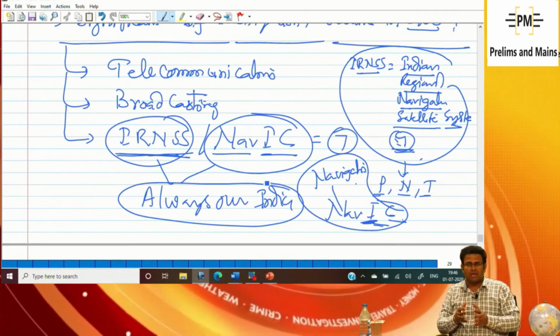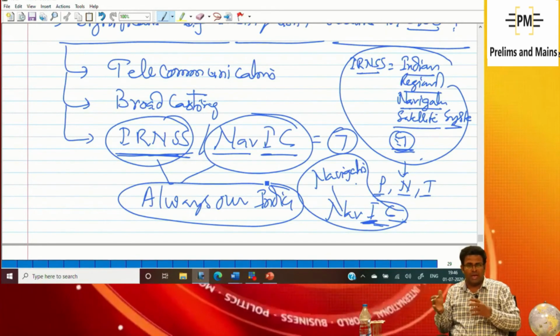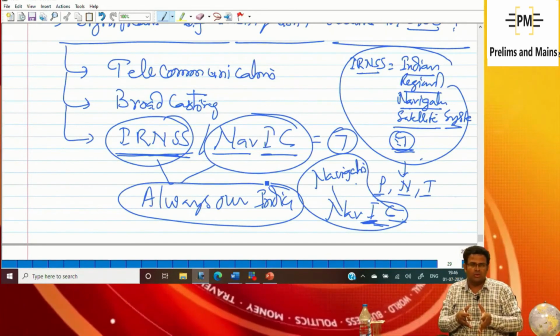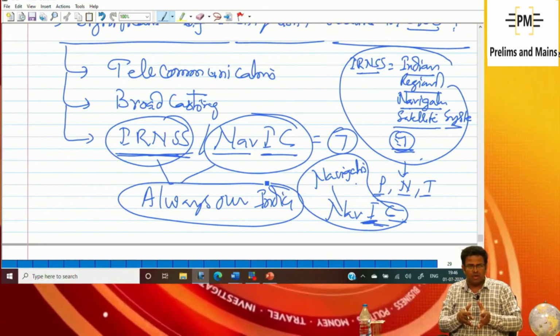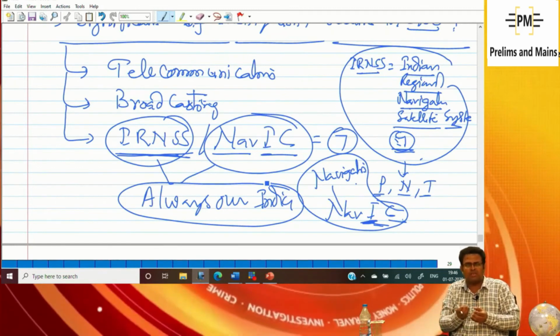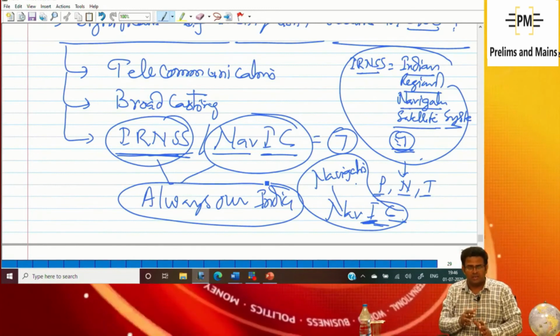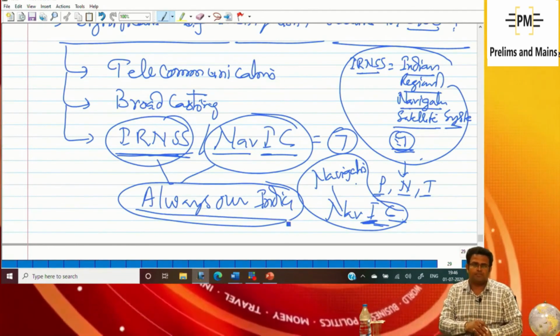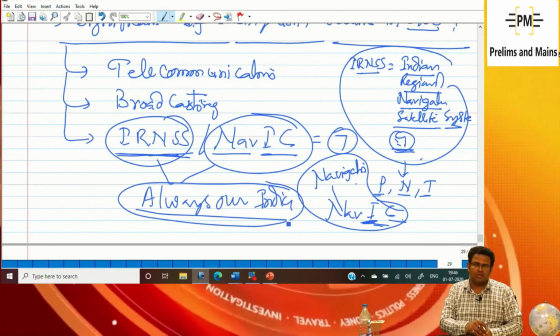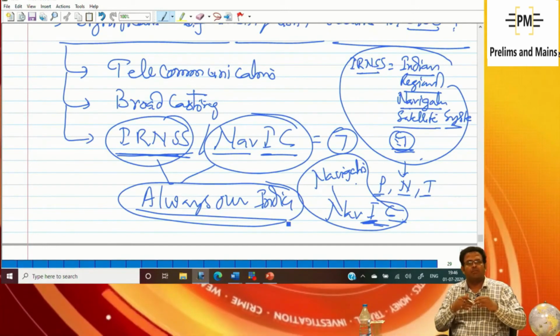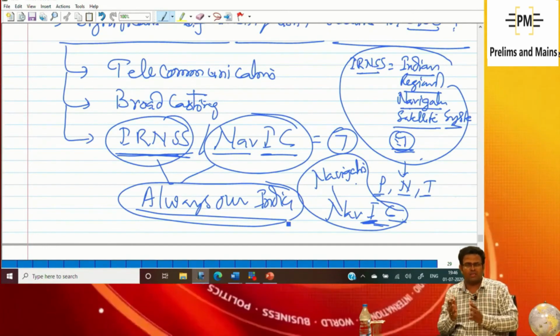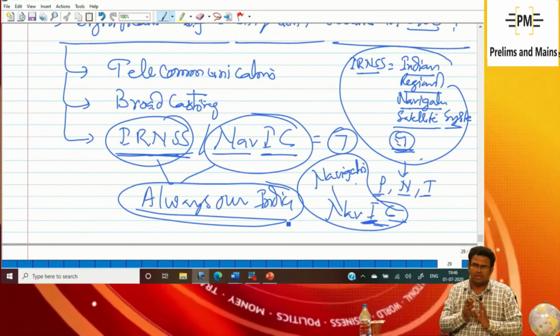But with our IRNSS, if the Uber cab has reached your house, hardly a 5 meter difference can be there. This is because it is always over India. That much I can say now; more clarity will come when I teach you IRNSS and GPS.